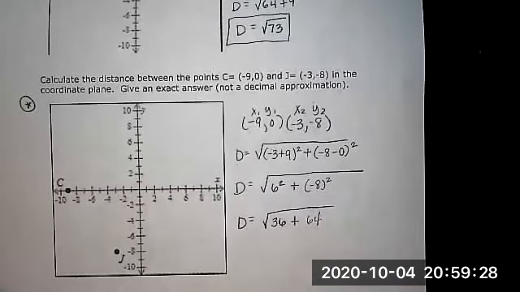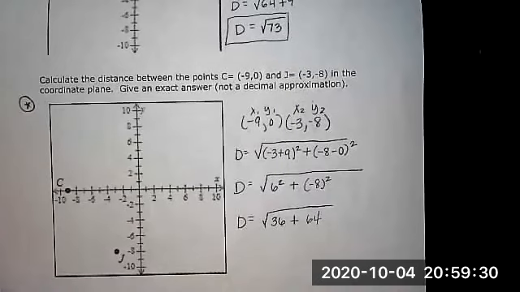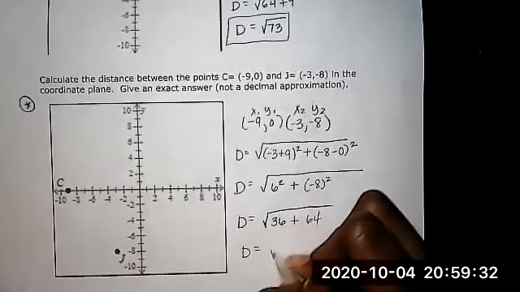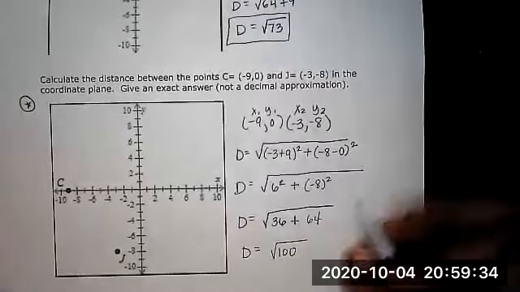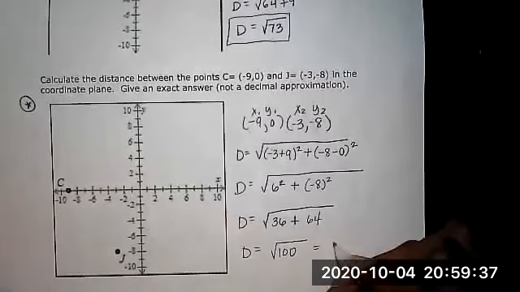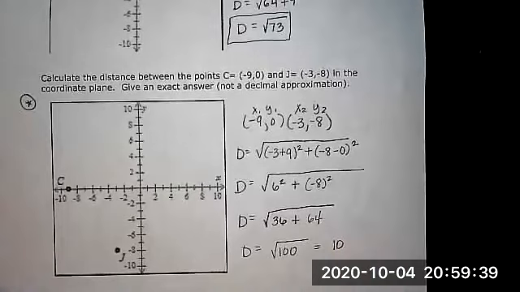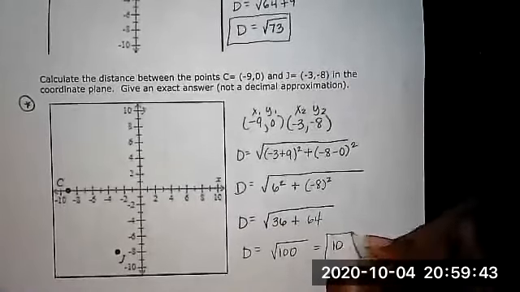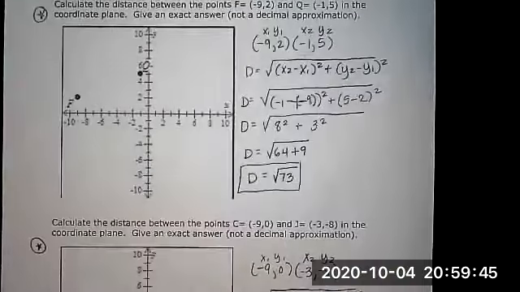So 36 plus 64 is 100. And the square root of 100 is 10. So our distance is 10. That's our answer there. Okay. Finally, we are done with Unit 8. Look forward to our Unit 8 review.